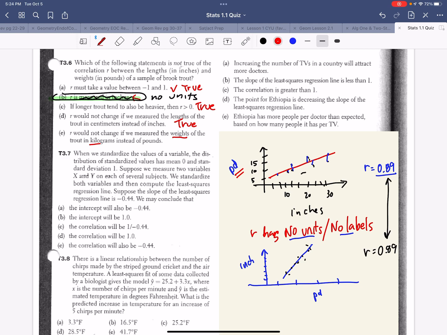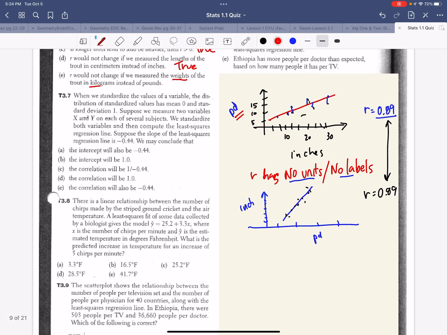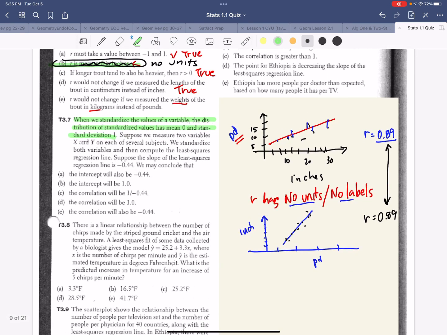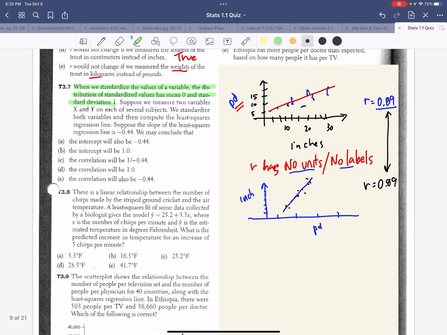All right, question number 3.7. It says, when we standardize the value of a variable, the distribution of standardized values has a mean of 0 and a standard deviation of 1. That's correct. We learned that last chapter. Suppose we measured two variables, x and y, on each of several subjects. We standardize both variables and then compute the least squares regression line.